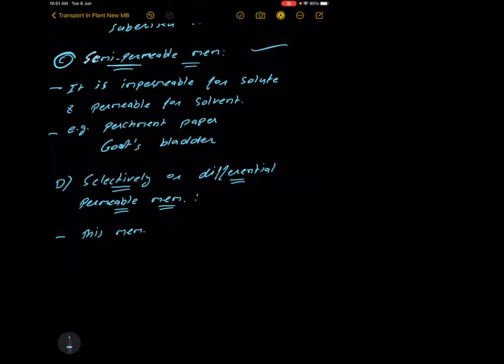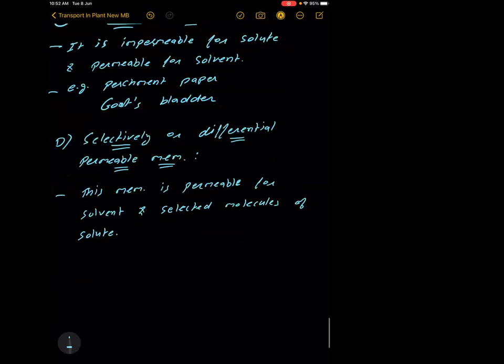This membrane is permeable for solvent and selected molecules of solute.